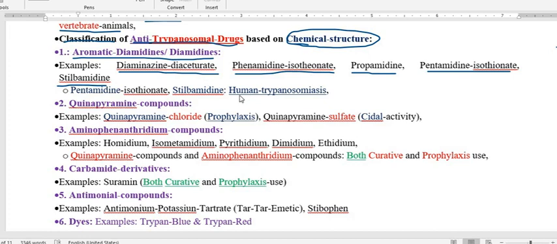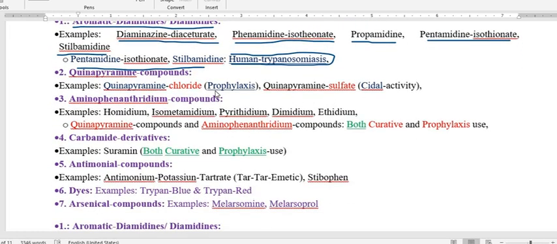Of these, the two of human trypanosomiasis importance are pentamidine isethionate and stilbamidine, used for the treatment of sleeping sickness, that is African trypanosomiasis.